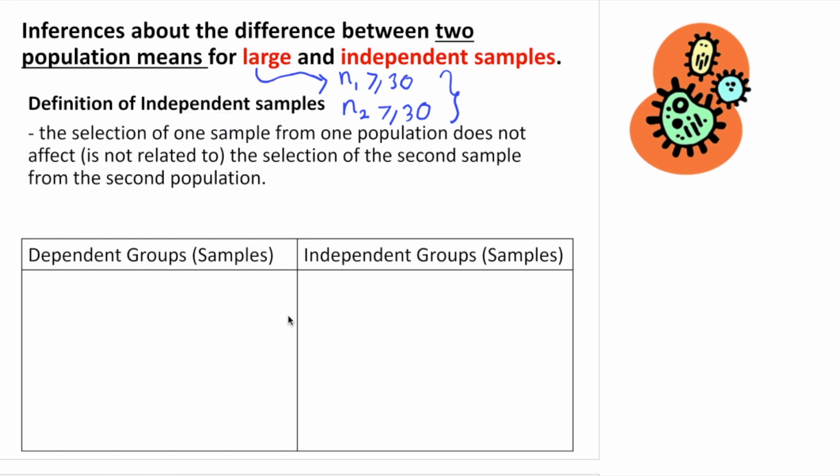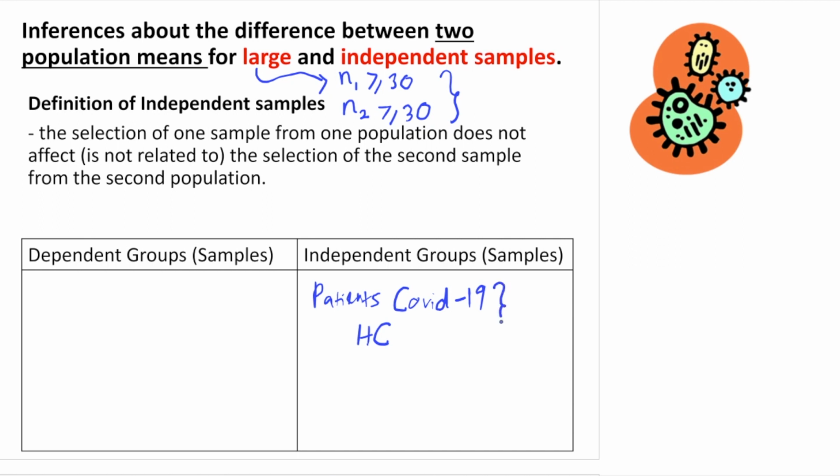Let's say I would like to conduct a study to investigate the difference in brain activity among patients with COVID-19 and healthy control subjects. So I have two groups of samples right now. These are considered independent groups. So the selection of the subjects in this group does not affect the selection of subjects in this group.